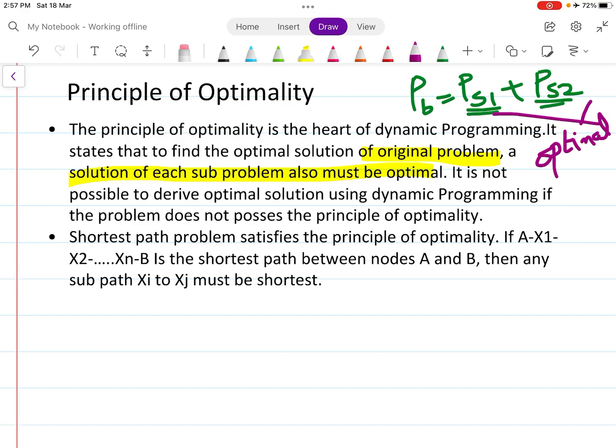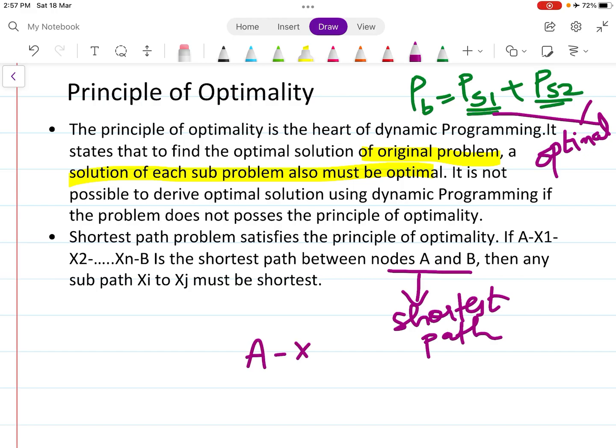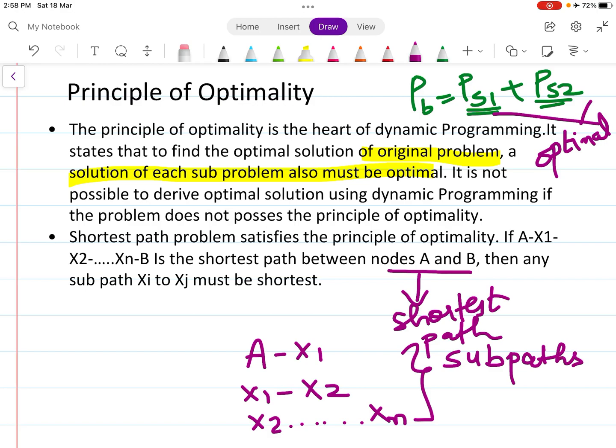The shortest path problem satisfies the principle of optimality. Suppose the path is A, x1, x2 till B. If it is said that A to B is the shortest path, then A to x1, x1 to x2, x2 till x, and whatever comes, all these subpaths must also be optimal.